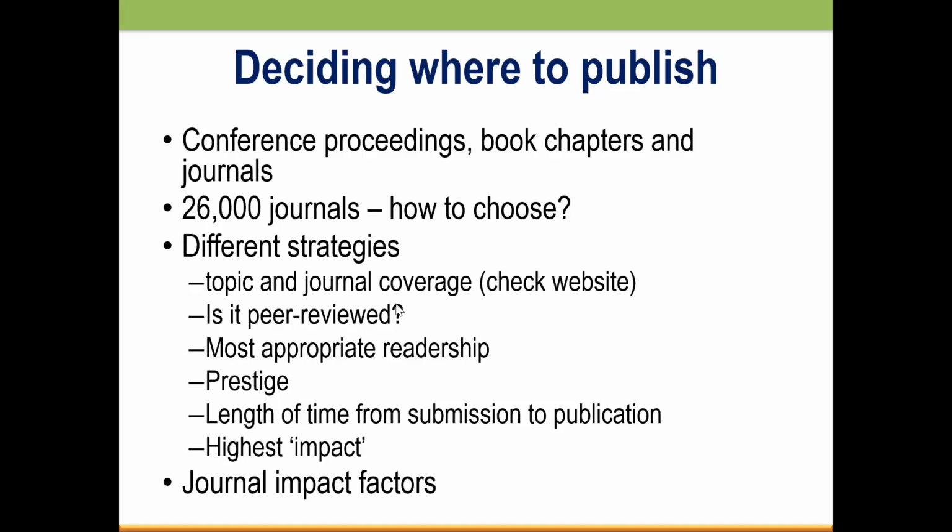Then there is what we call the prestige of a journal. There are journals that are prestigious. Let's use an example of universities. When you talk about Harvard, Cambridge, MIT, Manchester, Oxford, you know that those are prestigious universities.